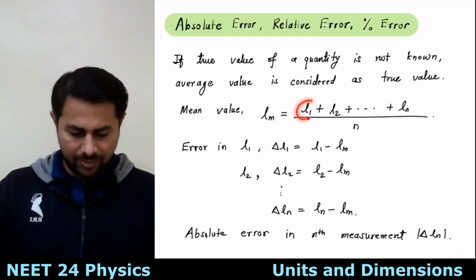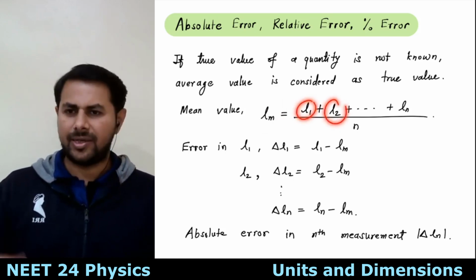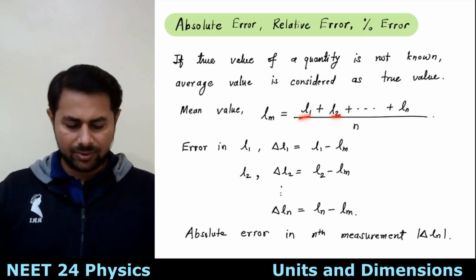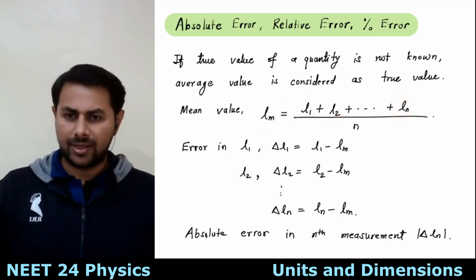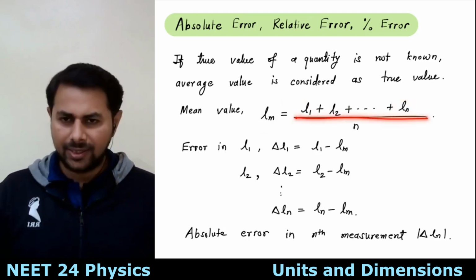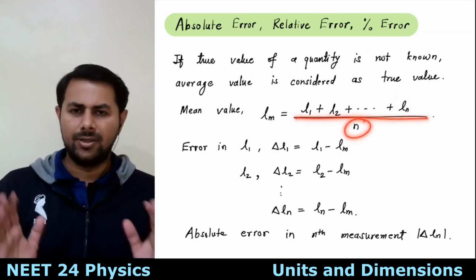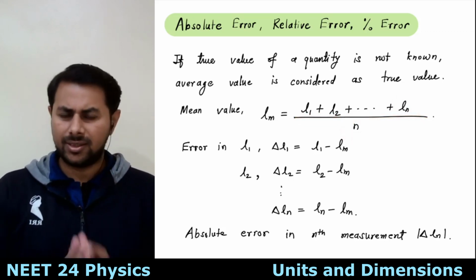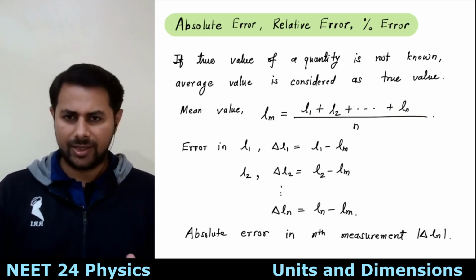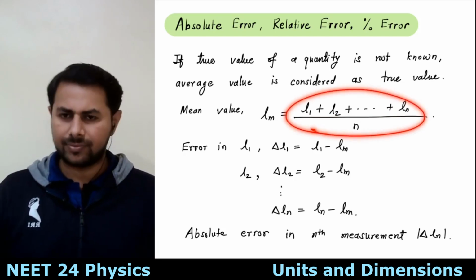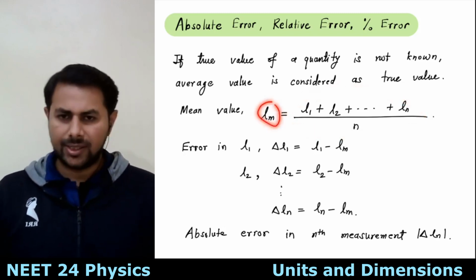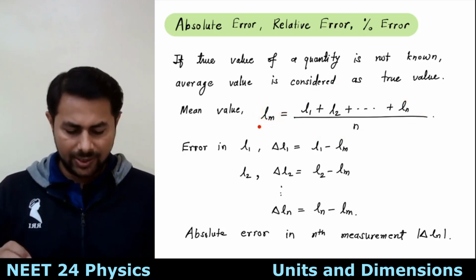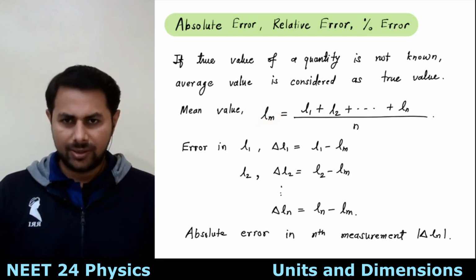Length measured by Indusha, length measured by Selva Kumar, that's L1, L2, and so on, up to Ln, suppose measured by Nikita, and I will add them up and divide by n. So this is the mean value, right? This is how we take the mean. Mean means average.